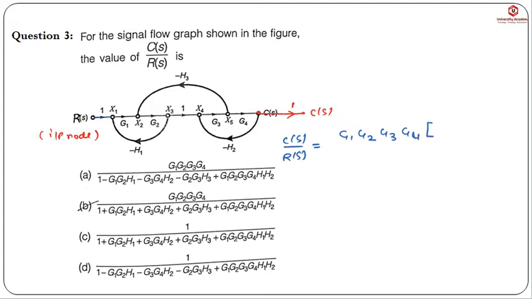So this signal flow graph has this first loop, and this is one more loop, that is the second loop, and also one more loop is there, so this is the third loop.